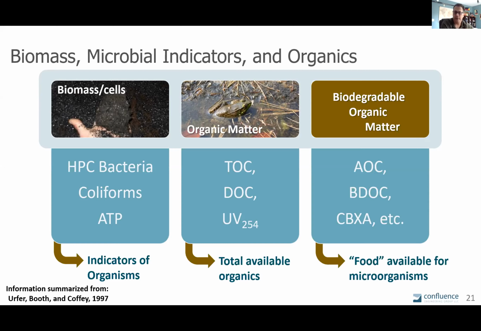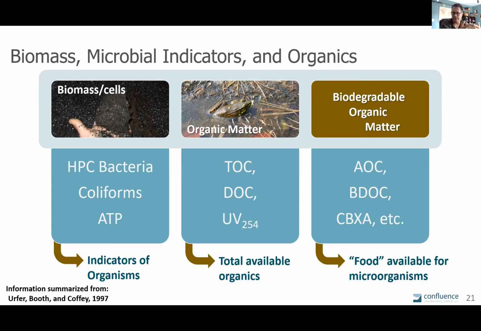Organic matter can be monitored. That could be the TOC, the dissolved organic carbon from the TOC, or other surrogates such as UV254 to look at the organics that are coming through the system. And then there are the biodegradable organics, that fraction of the organics that are available and biodegradable for the biomass, the cells, to use as a kind of food.